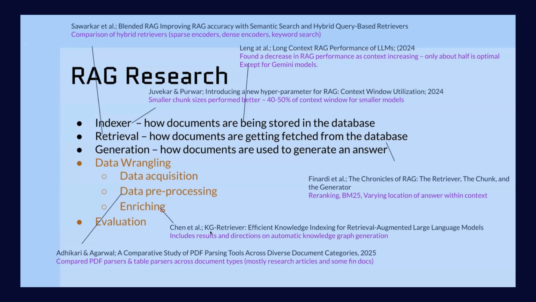Enriching the data. So how do you represent the data? There's this thing called knowledge graphs, and they are pretty interesting. Instead of chunking the data in raw form, you would re-represent the chunks into entities and relations.